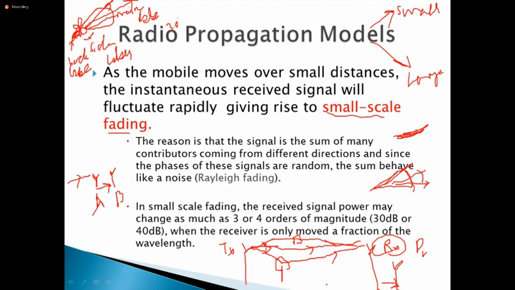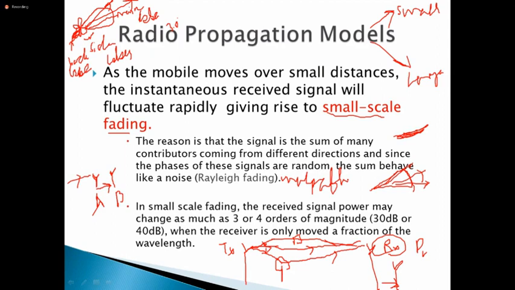Now small scale fading happens due to multipath propagation. මම ඒ වචනේ මෙතන ලියලා නෑ. I'll add it to the slide. Multipath propagation. Multipath propagation එක නිසා තමයි small scale fading ඇති වෙන්නේ. Okay? So what you have to remember is, what is small scale fading? Small scale fading කියන්නේ මොකද්ද?